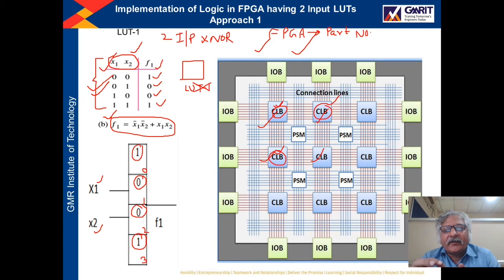That selection will be done before downloading the bitmap file. During that process a UCF file, user constraint file, has to be created. In that file we will mention that this pin number of the FPGA will be my input pin and this will be my output pin.